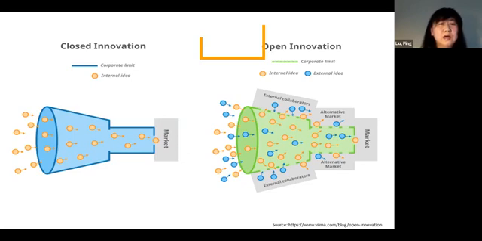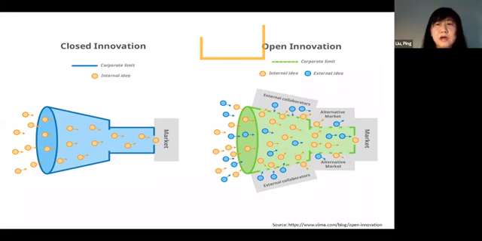Traditionally, valuable ideas are developed and commercialized within the corporate limit, just like the figure on the left for closed innovation. As you can see, the wall of the innovation funnel is solid. It represents the corporate limit for their resources and ability.